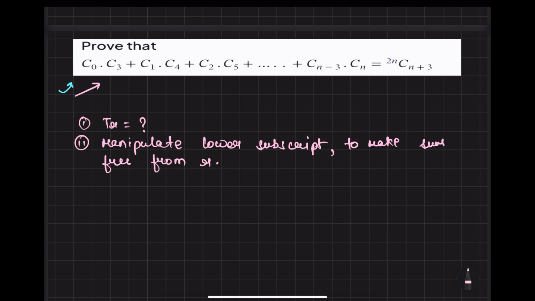Okay, now you have to do this as the second step. Now in the third step, add the lower subscripts. Okay, now this addition will give you the power of x. Okay, addition of lower subscripts.